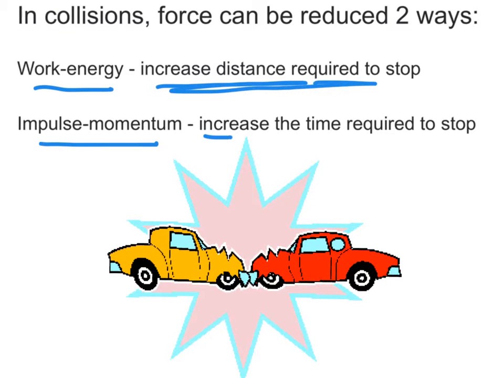If we increase the time that's required to stop, that also reduces the force. So again, two ways that you can reduce force. You can spread the force over a bigger distance. You can spread the force over a bigger time. Both of those things reduce the force that's acting between two objects in a collision.